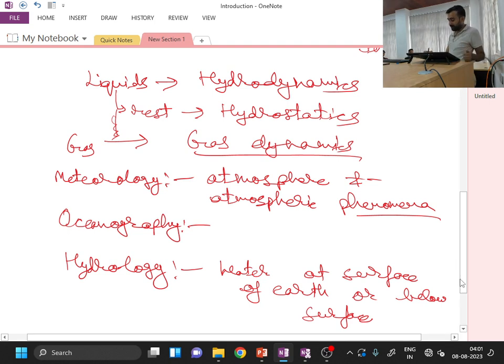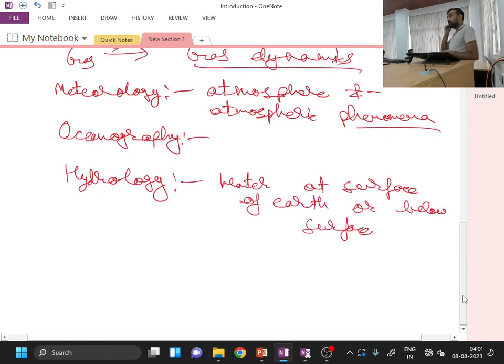Similarly, one important branch, even if you see in some of the institutes, there is engineering also in its name, aerospace engineering. Okay, so in a similar way, what do we do in aerospace? We typically consider high-speed flying objects, aeroplanes, rockets, space shuttles.